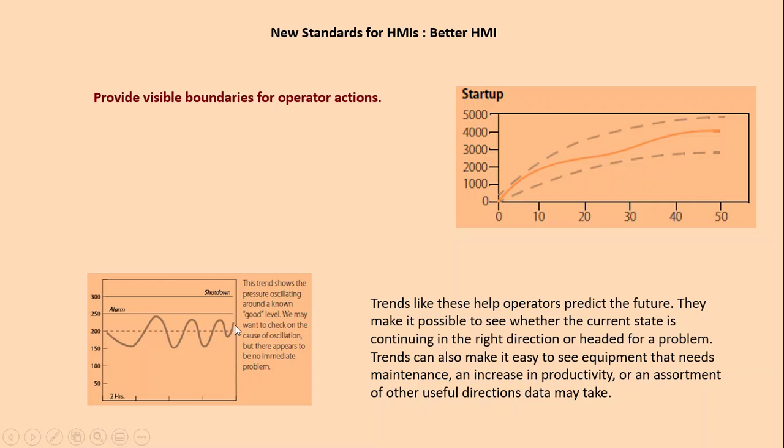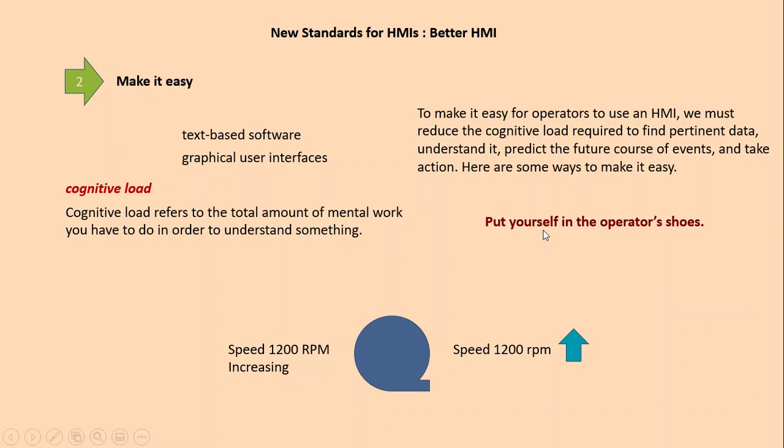So the operator can take a decision when suddenly this behavior changes, or even can make a call that the process is unstable. Make it easy. The cognitive load is one of the decisive factors when designing a graphic for HMI.